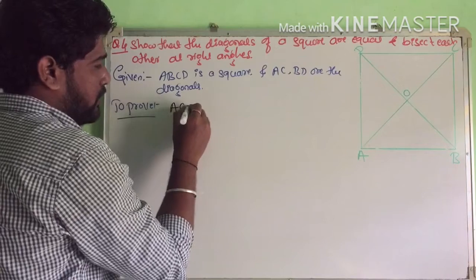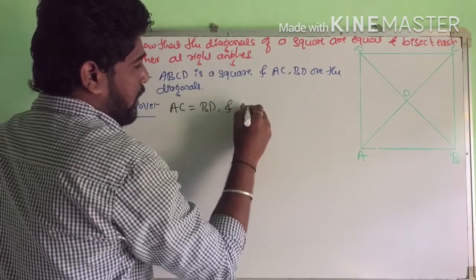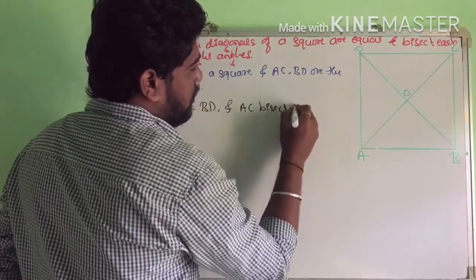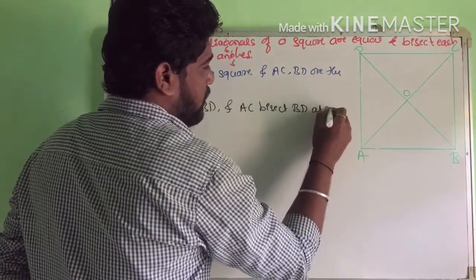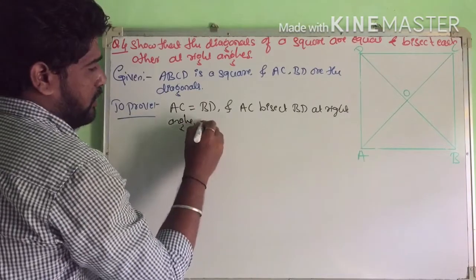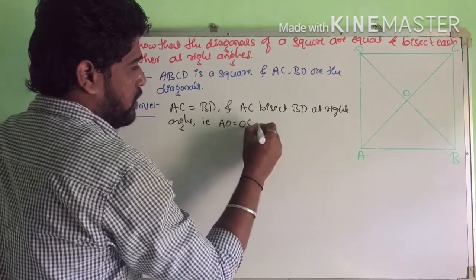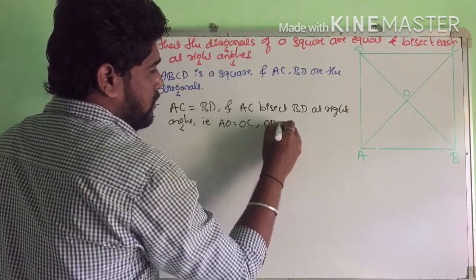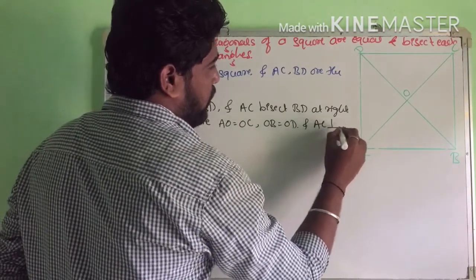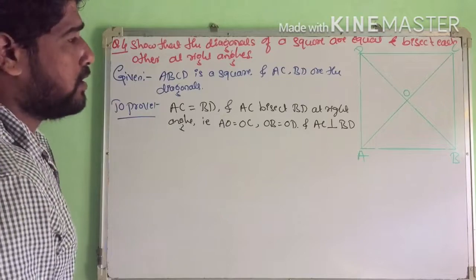So AC is equal to BD and AC bisects BD at right angle, that is AO is equal to OC, OB is equal to OD and AC is perpendicular to BD. So this much we want to show here. Is it clear? Then the proof.